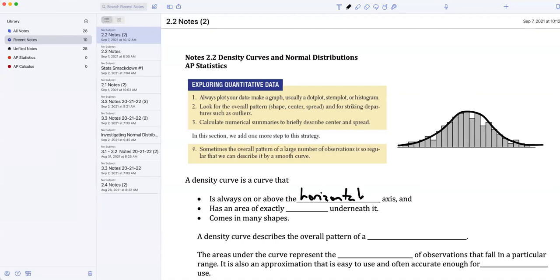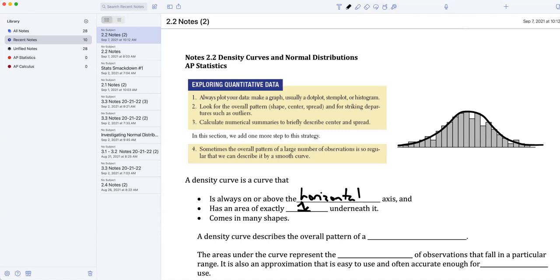It is always above or on the horizontal axis, number one. A density curve also has an area of exactly 1 underneath it, okay? And a density curve can come in several different shapes.